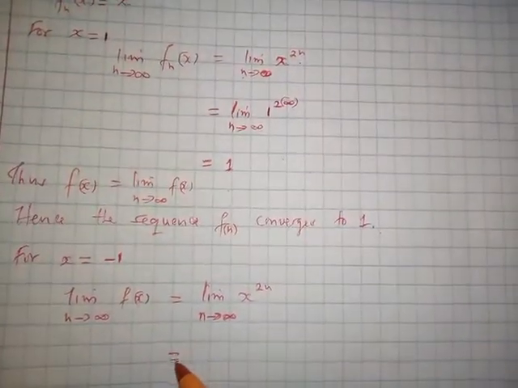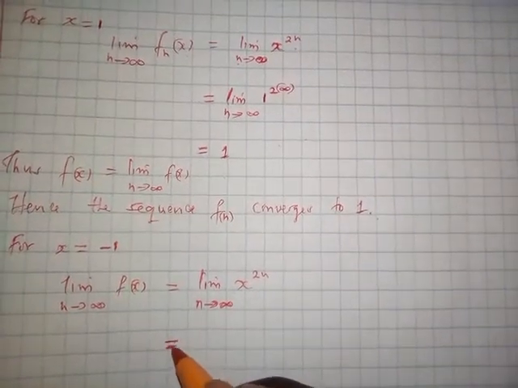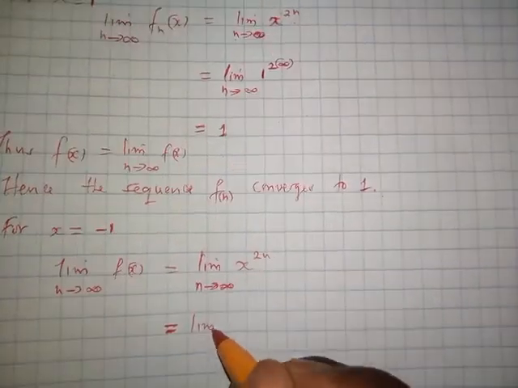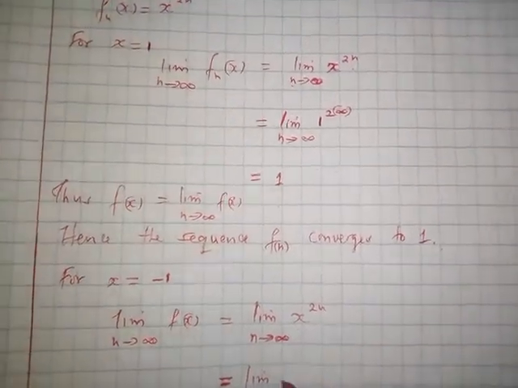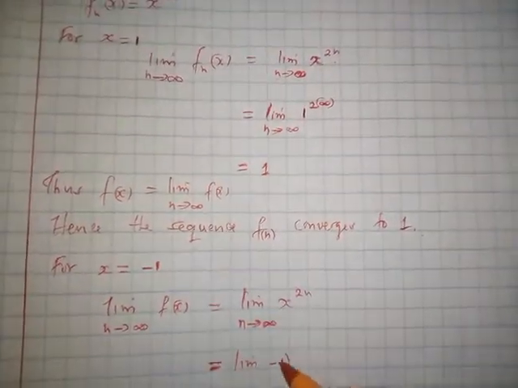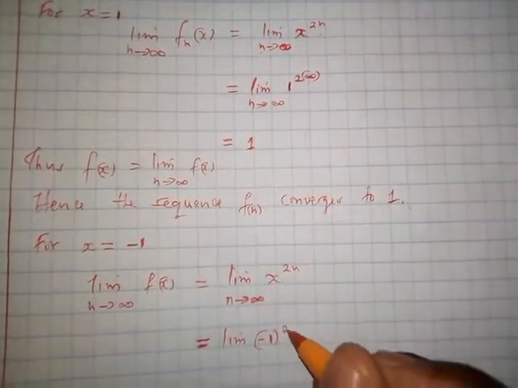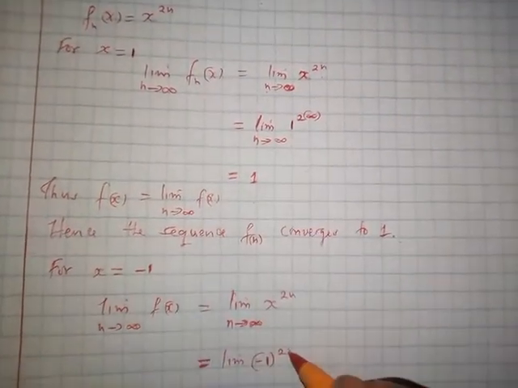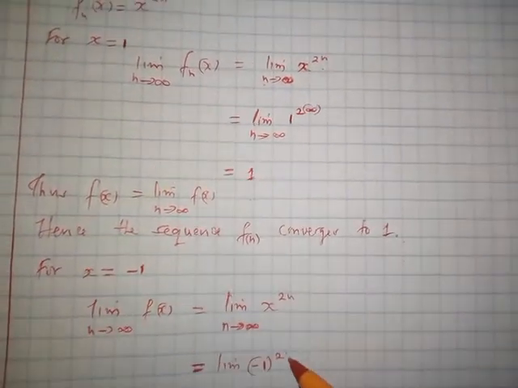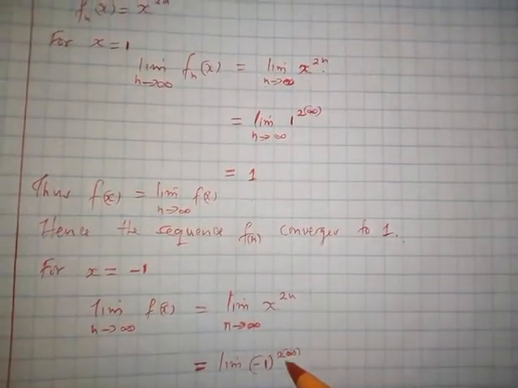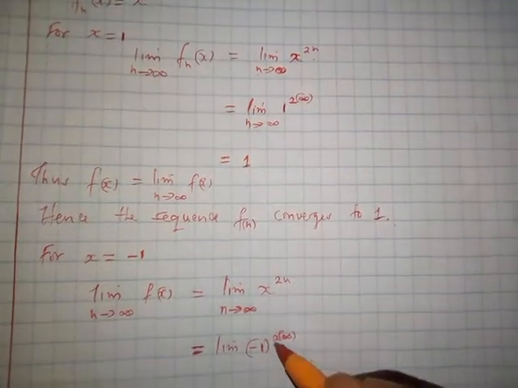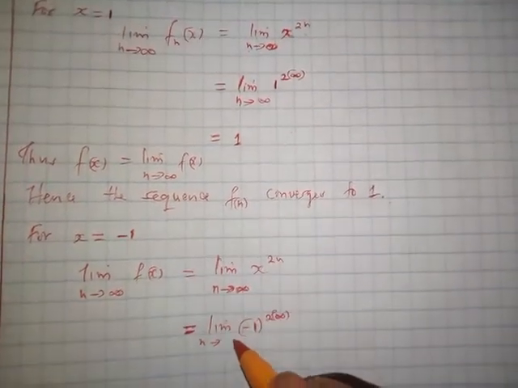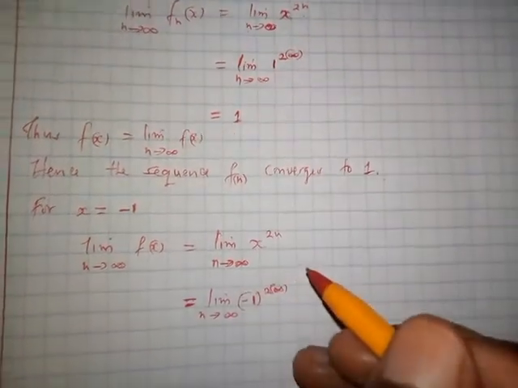Then we substitute in the values: the limit of (-1) raised to power 2n, where n tends to infinity.